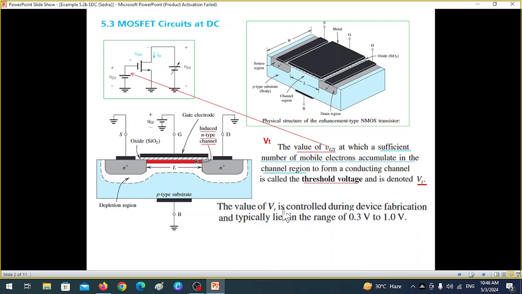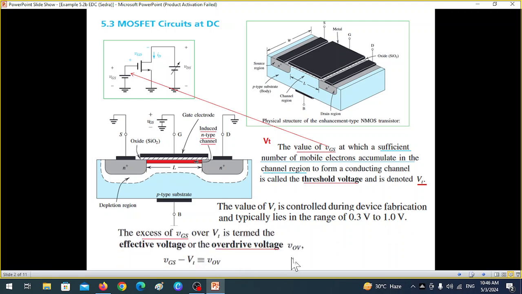The value of VT is controlled during the device fabrication, and typically it lies in the range of 0.3 to 1 volt. The excess of VGS over VT, when we keep on increasing beyond VT, is termed the effective voltage or the overdrive voltage, and it is called VOV.